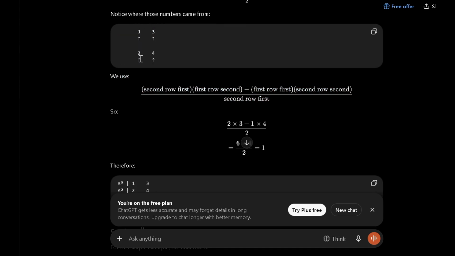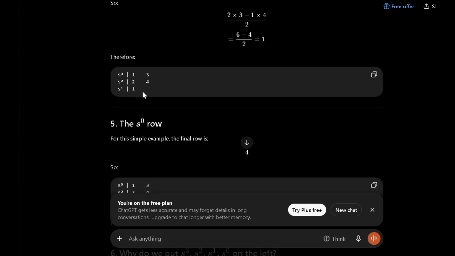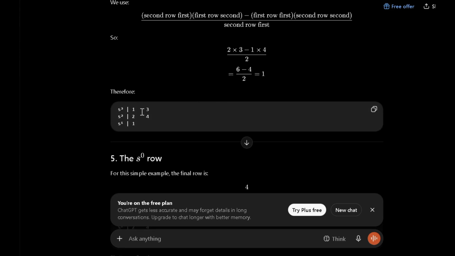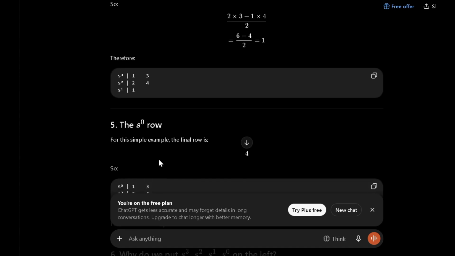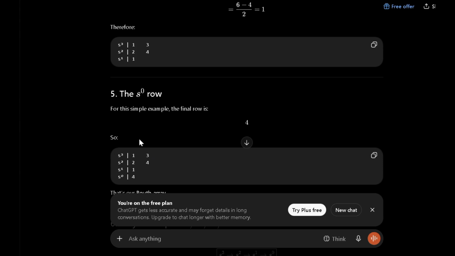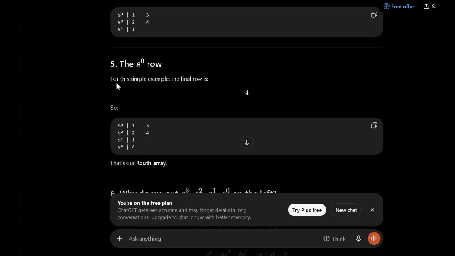Okay. Therefore, for S cube we get 1, 3, and for S square 2, 4. As for S power 1 we get 1. Then for the S power 0 row, in this simple example, the final row is 4.